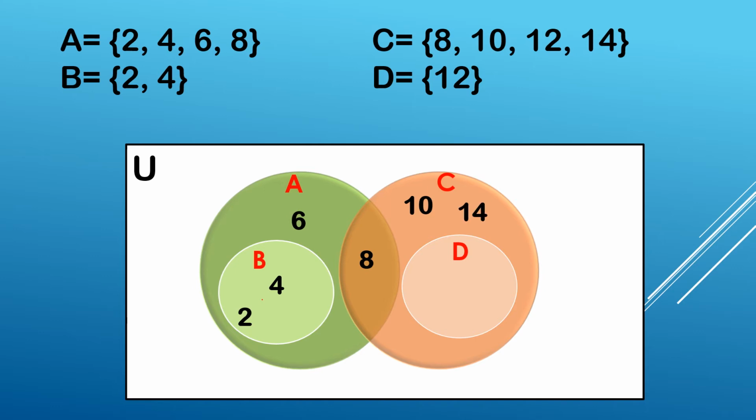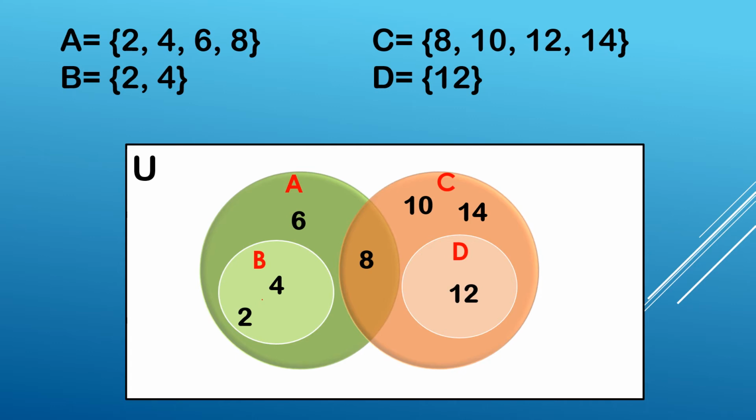Nasa loob siya ni set C, pero hindi nasa loob ni set D kasi ang ilalagay natin dito kay set D ay ang 12. So, makikita natin na lahat din ng elements ni set C ay nasa loob pa rin ng kanyang circle.